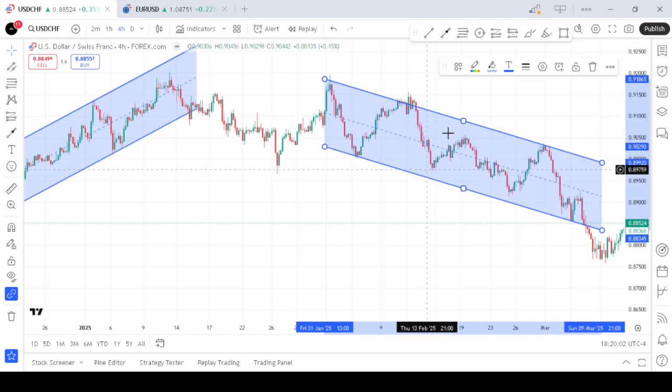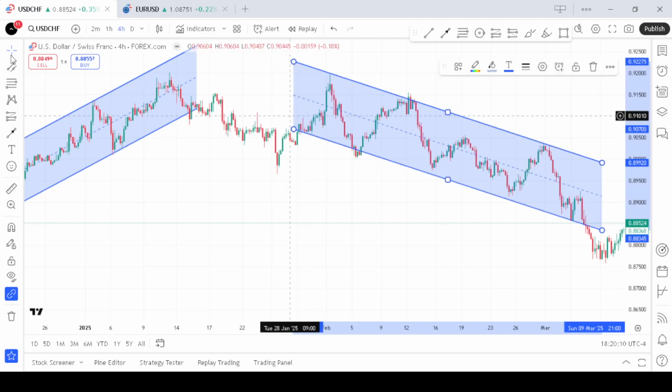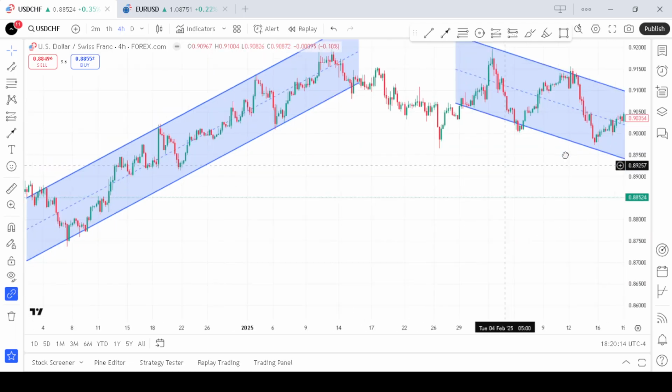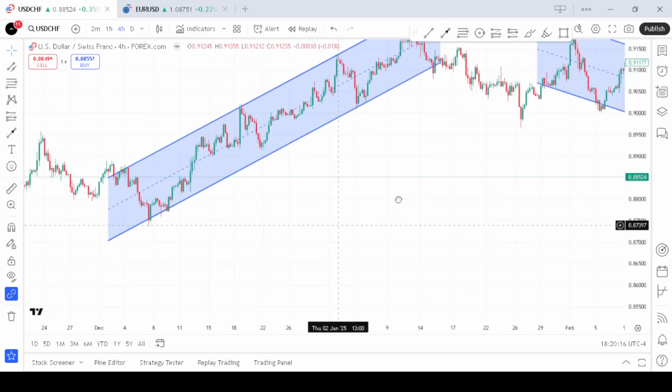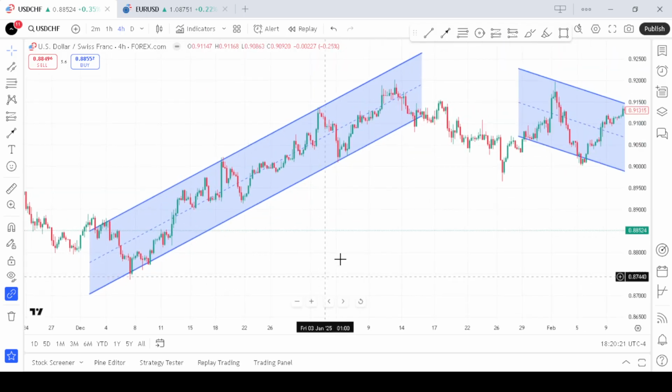As you can see, this is a channel to the downside of the market. A channel basically tells us what phase the market is in. By using this tool, you can pinpoint areas where price is likely to reverse or continue its movement.